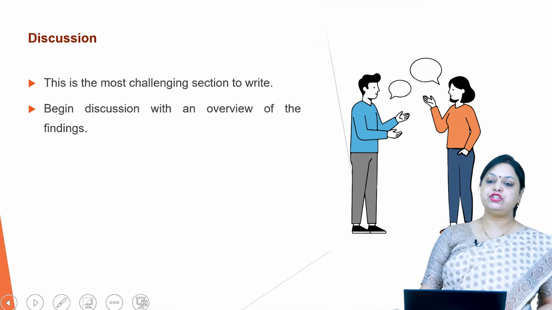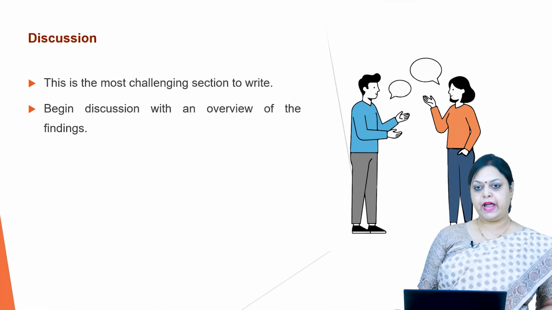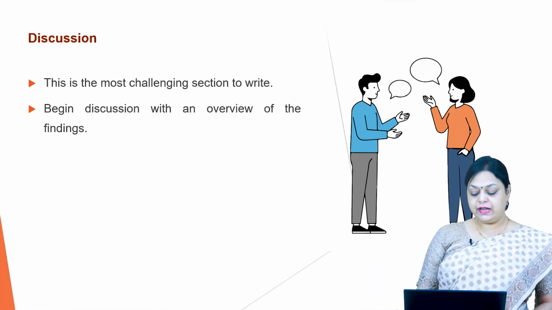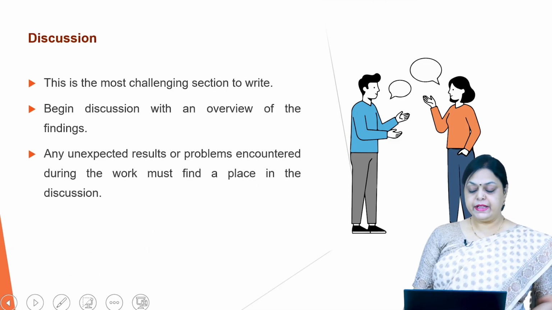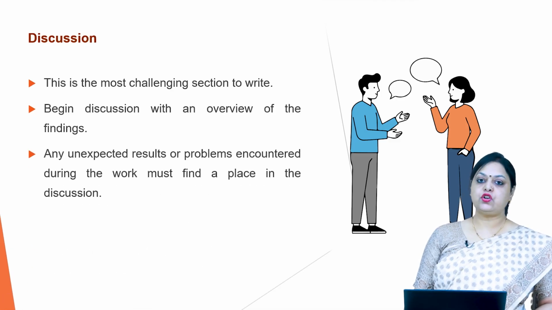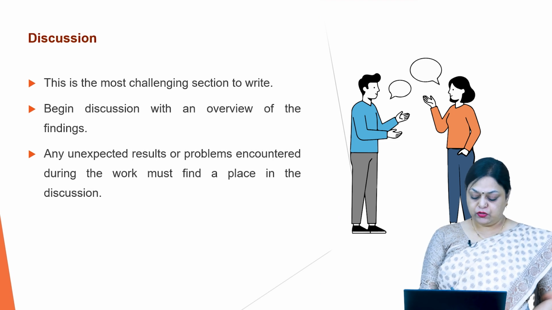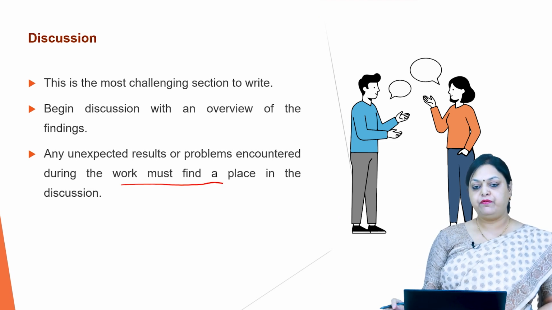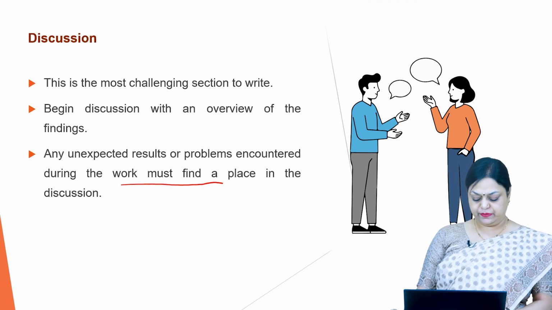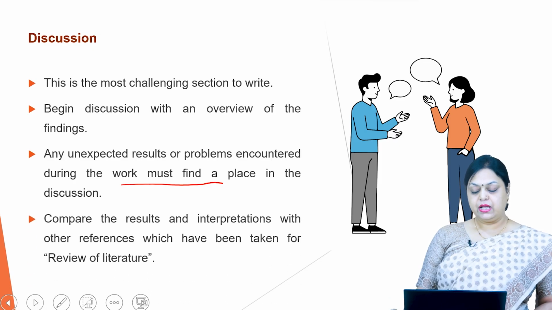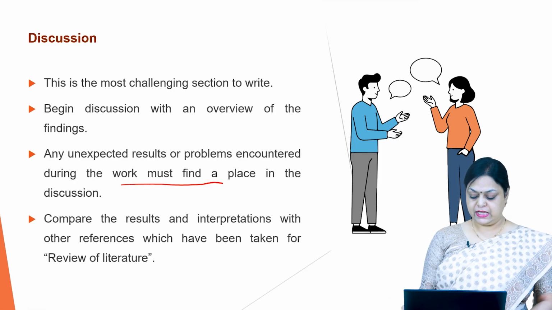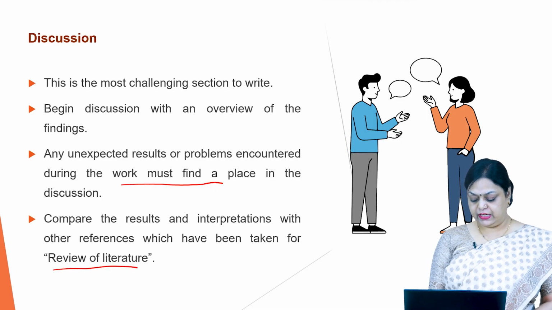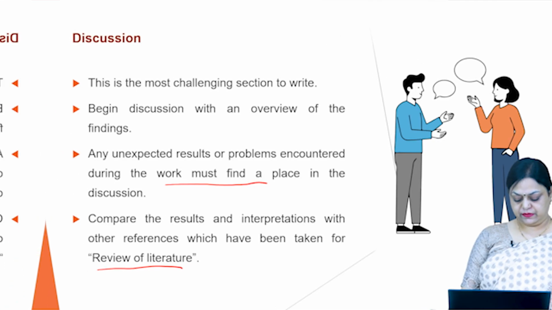Discussion. This is the most challenging section to write. Begin the discussion with an overview of the findings. Any unexpected results or problems encountered during the work must find a place in the discussion. Compare the results and interpretation with the other references which have been taken under the review of literature.